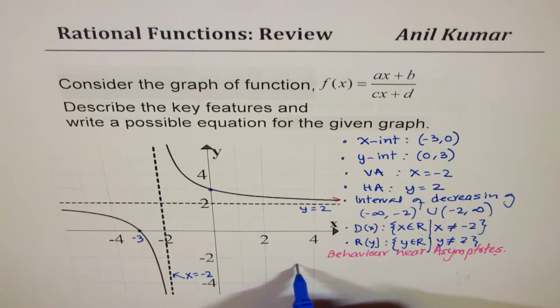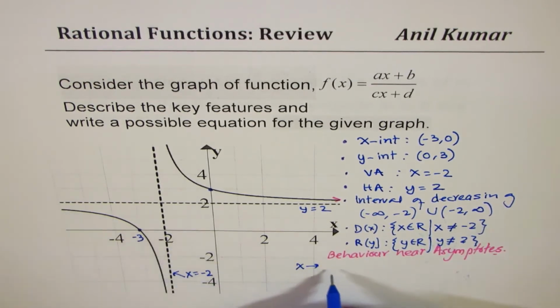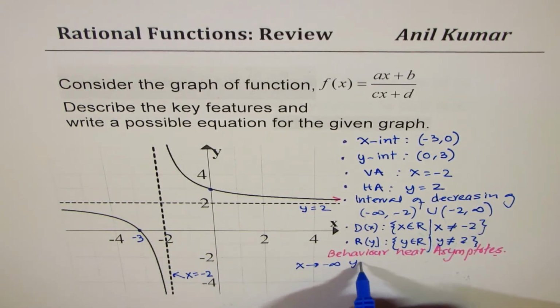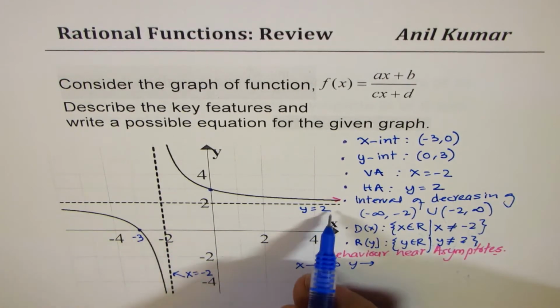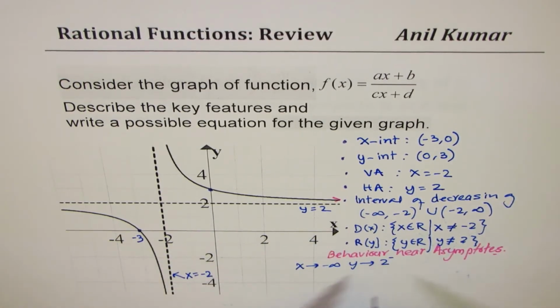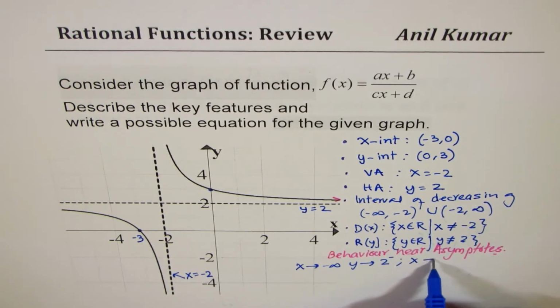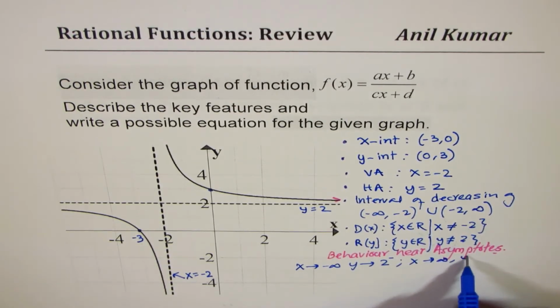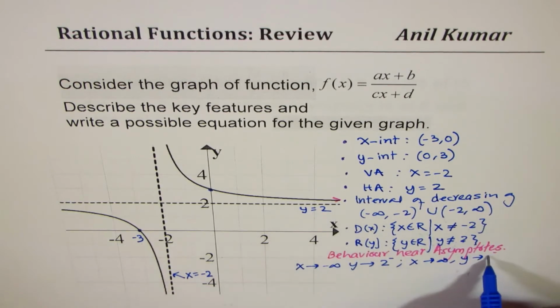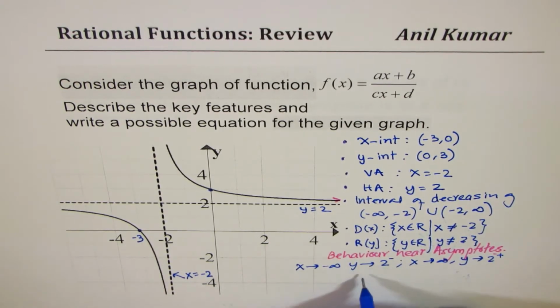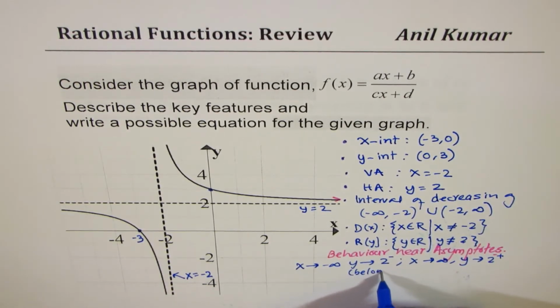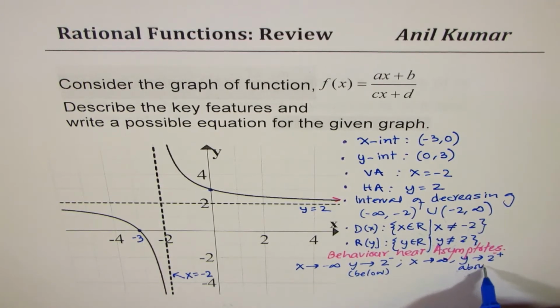As x approaches minus infinity, y approaches what value? 2. But from below, so we write this minus. Do you see that? And when x approaches plus infinity, y approaches 2 from above. So you could write below or above also. Does it make sense?